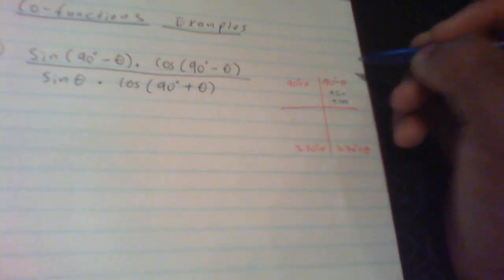Okay, and I know that sine is positive, cos is positive, and that means that now sine is negative, and that now cos is also negative.